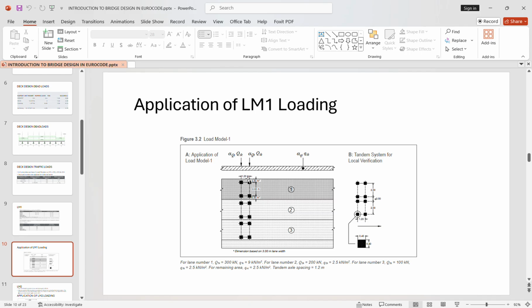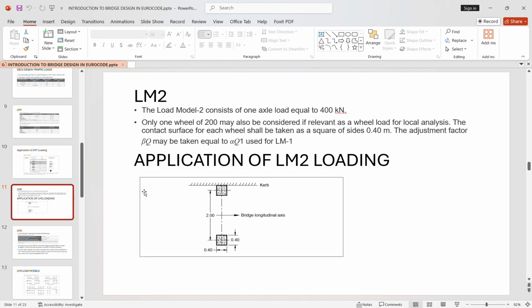The distance between is 1.2. The distance from the curb is 0.5, 0.5, and the distance between our standardized wheels is 2 meters. So this is how we apply our loading.